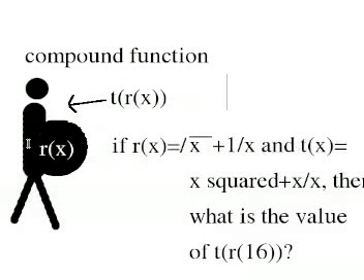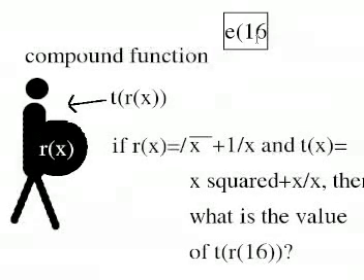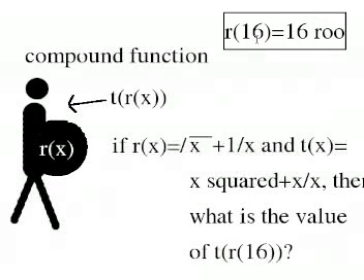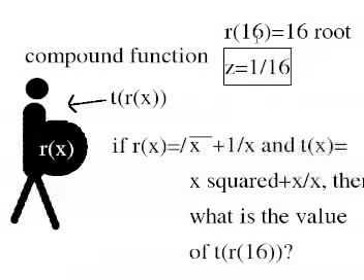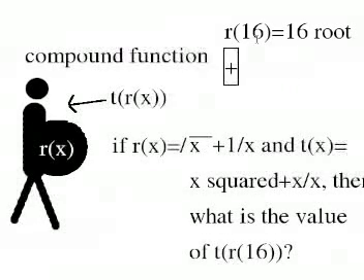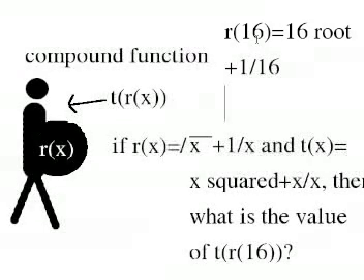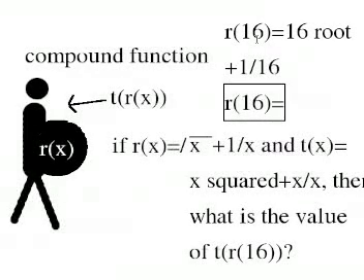We always execute R(x) before T(x), which means that R(16) equals the square root of 16 added with 1/16. R(16) equals 4 and 1/16.